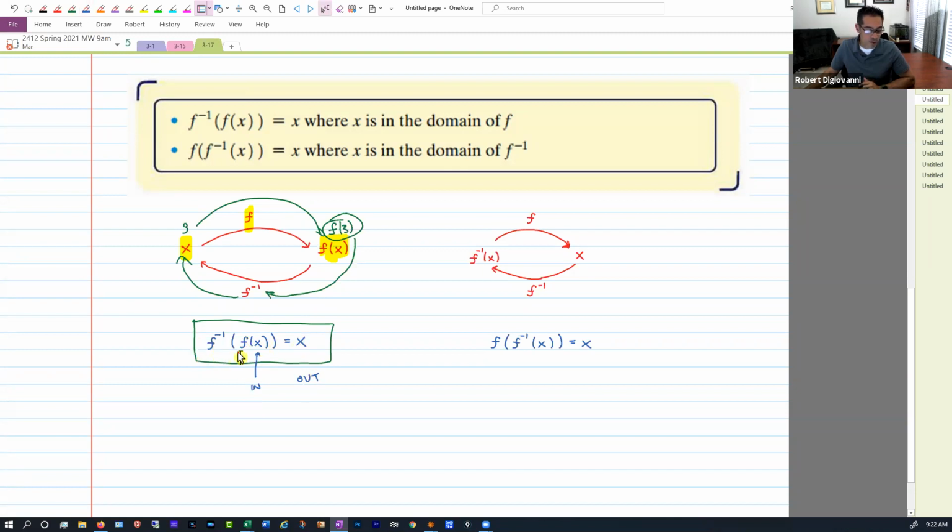When you compose the two functions together, f with its inverse, they basically kill each other off. And that's the same thing if you do it the other way. If you start on this end, plug something into the inverse, get an answer, and then plug that back into f, it'll take it back to where it came from. So that's what this equation is saying.